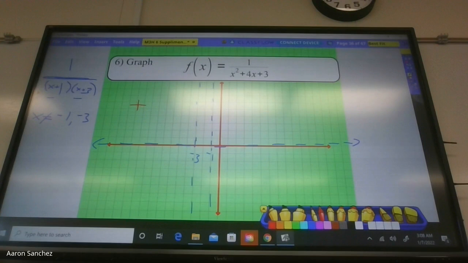If you plug in 0? Well, there's -2 in a different section.